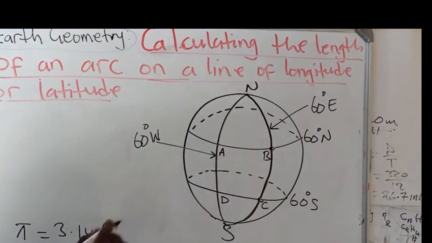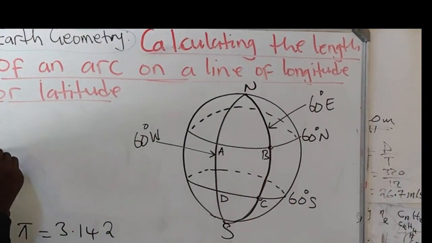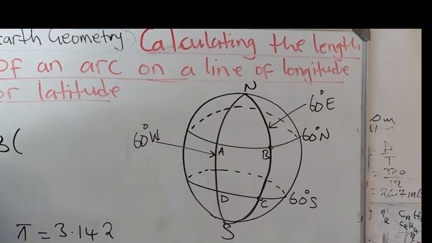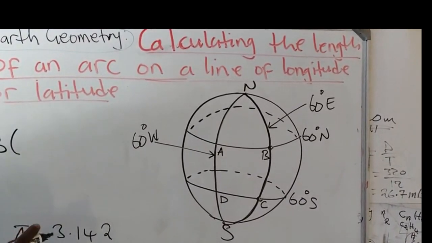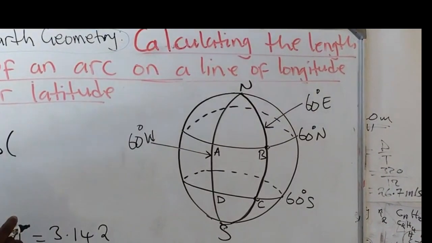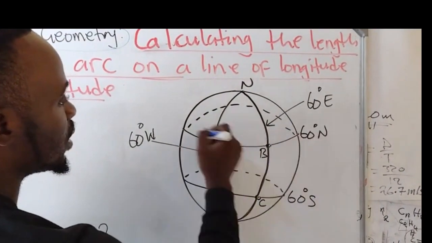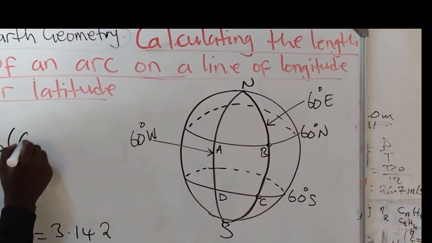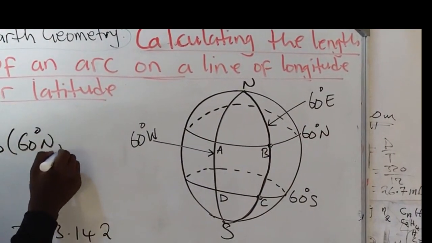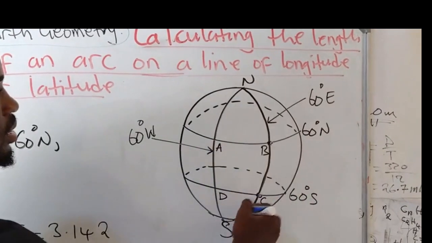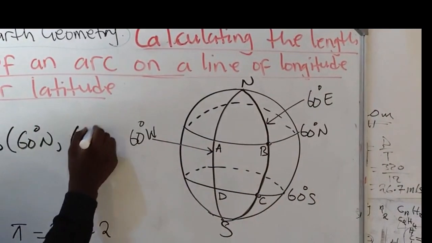You write B and come up with the coordinates for B. Remember, when you are writing the position, you start with latitude. The latitude is 60 degrees, the longitude is 60 degrees east.